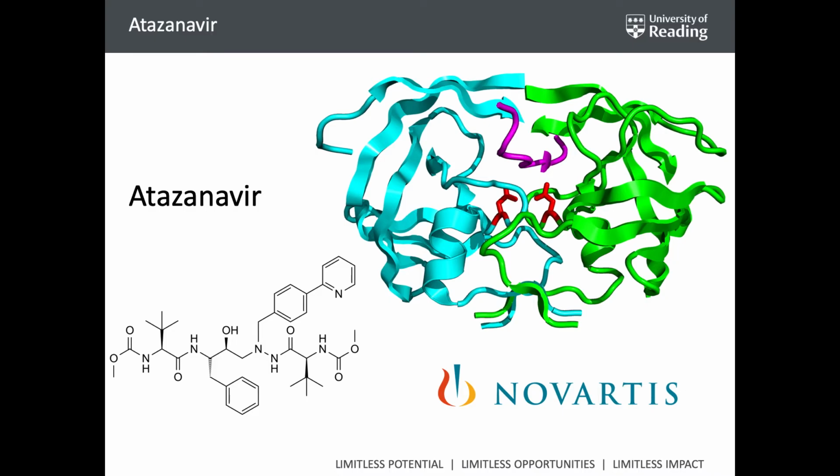This is atazanavir, which is produced by Novartis, the chemical structure of which is shown here. What this does is it binds to the HIV protease, and again we have a crystal structure for the HIV protease. It binds to the active site as a competitive inhibitor and prevents the protease cleaving the viral proteins to produce new capsids.